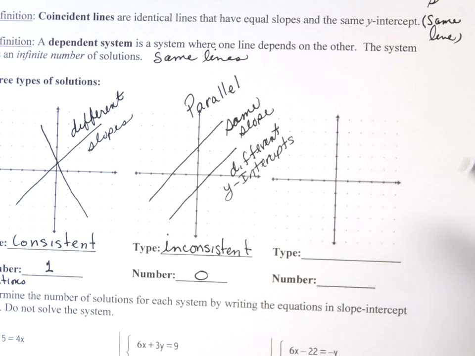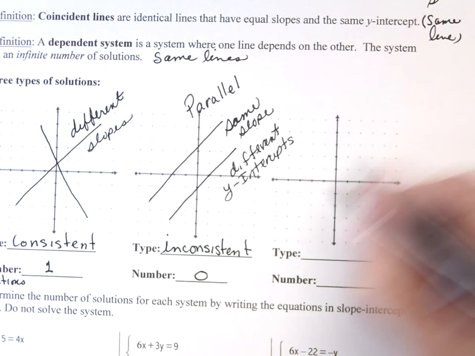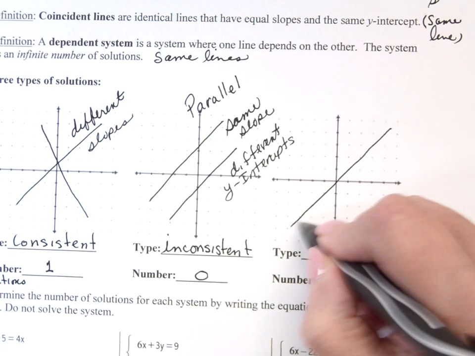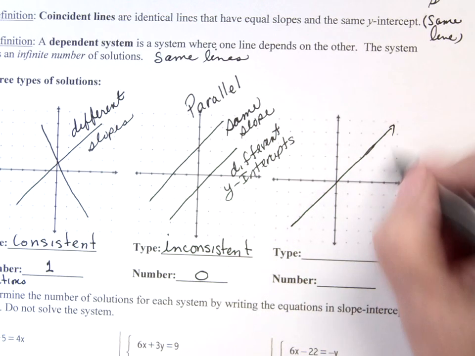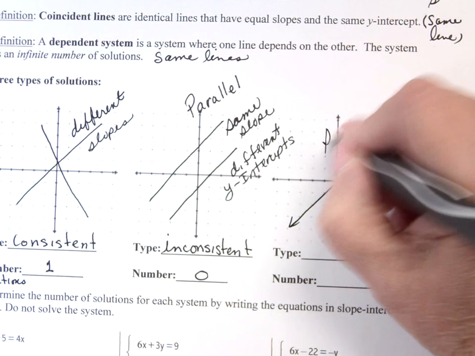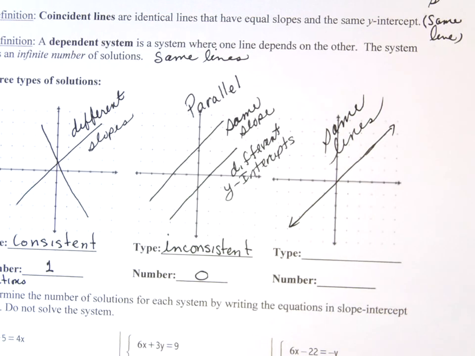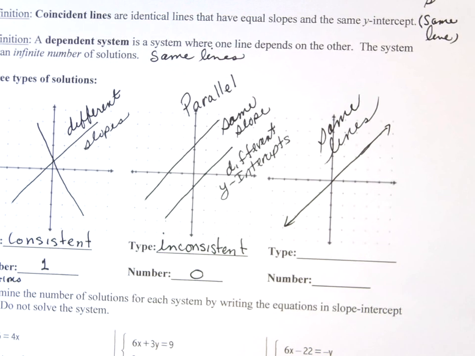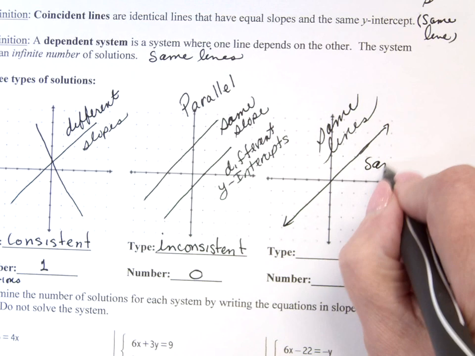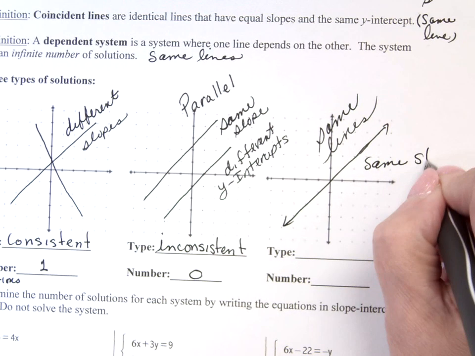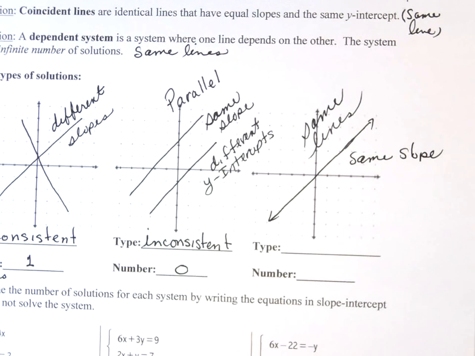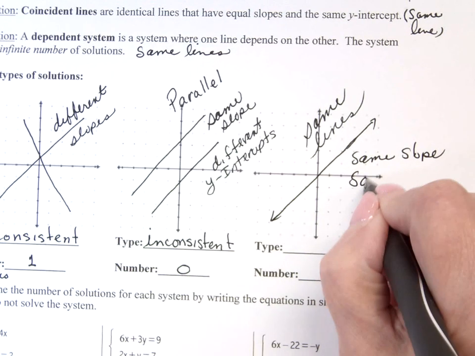There is this one that they call coincident lines or a dependent system. So these are the same lines. So what do they have? Same slope, same y-intercept.